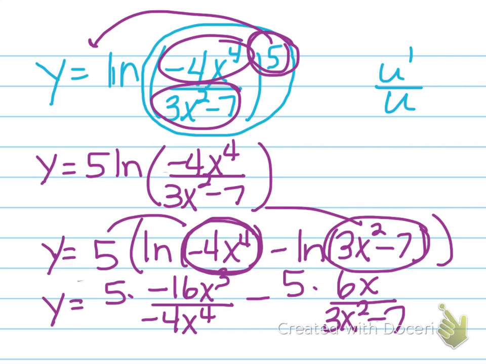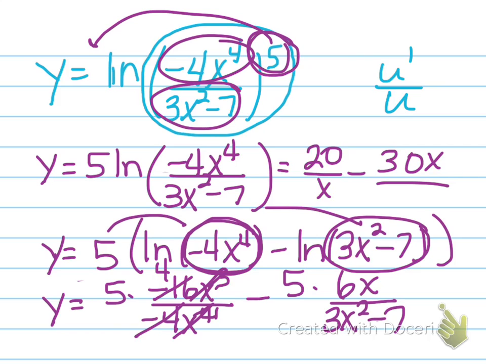So here we would get 20 over x, since there's 1 x left on the bottom, minus 30x over 3x squared minus 7.